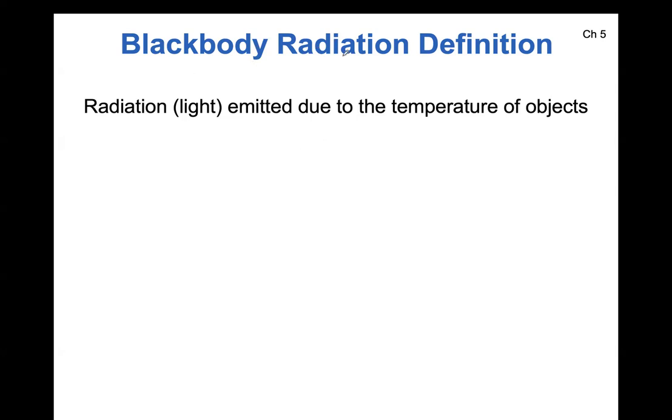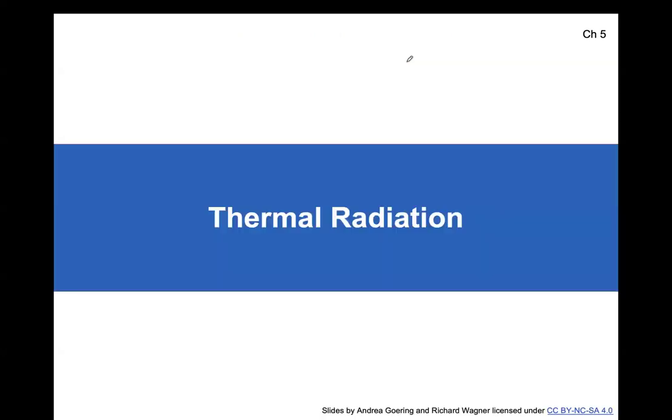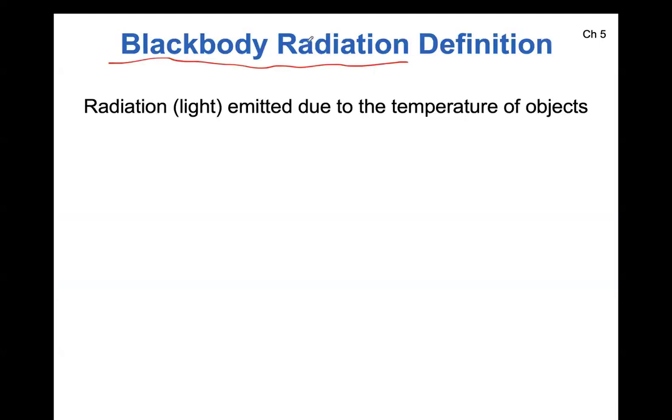And specifically here, we talk about this thing called black body radiation. This is always the name given to the rules for thermal radiation. So you can think of thermal radiation as the less technical name for what we're talking about, and black body radiation being the technical name. But why black body? What the heck is that?